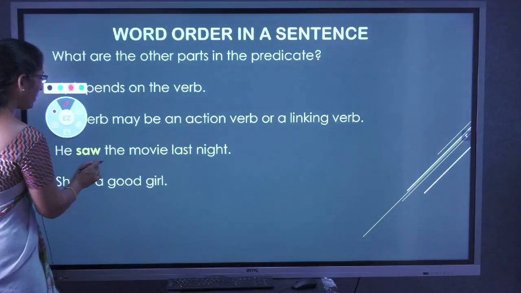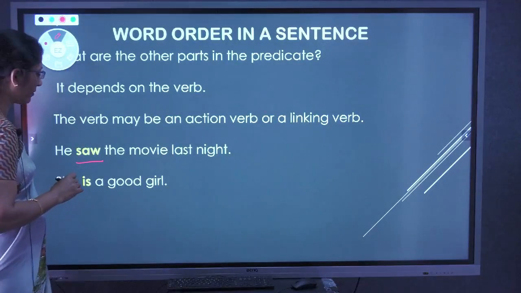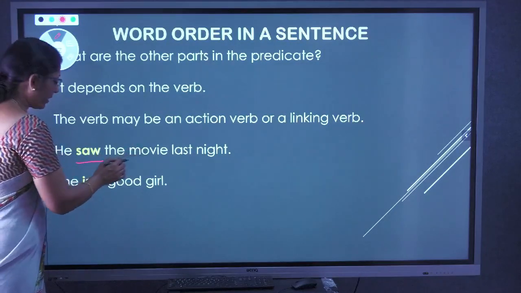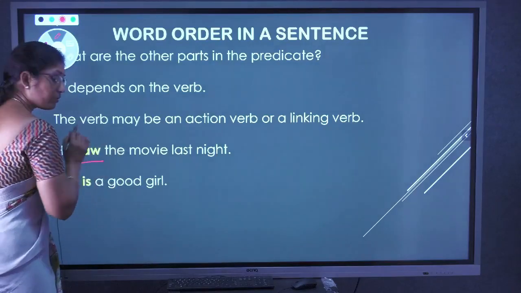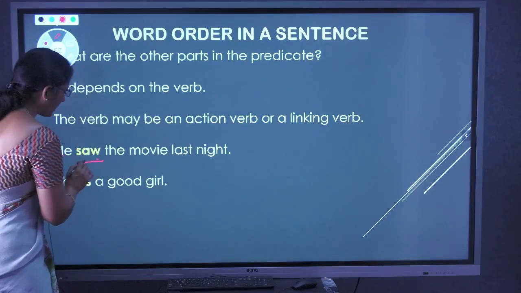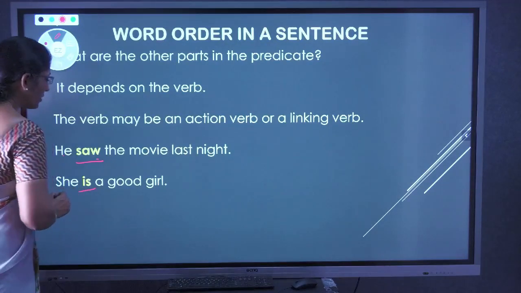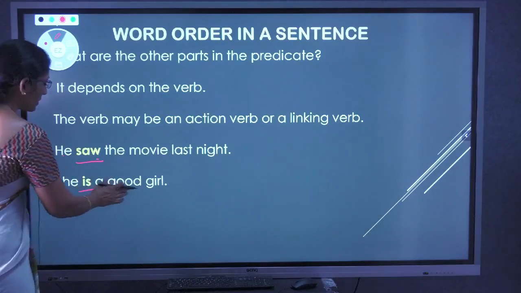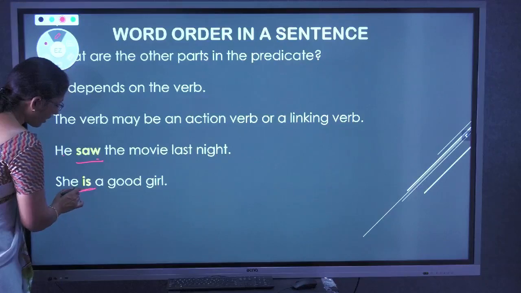He saw the movie last night. This saw is an action word. What does he see? He saw a movie. Okay? So that means the action forwards from this person to that object. So that's why here it is called an action word. But in the second sentence, she is a good girl. Here there is no action, but it is telling about what she is. Okay? So that's why it is called a linking word.